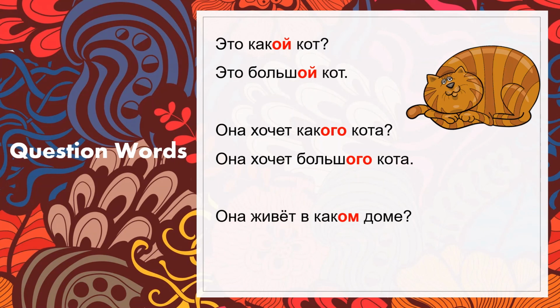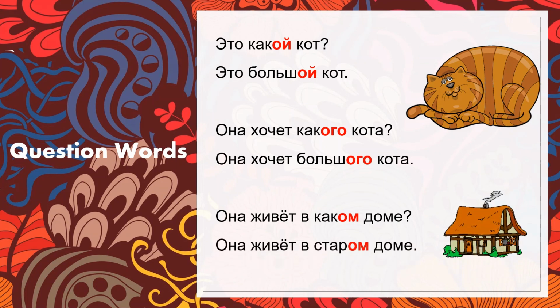And then another example for prepositional, same deal. Она живет в каком доме? Она живет в старом доме. So whatever the gender is, or whatever the case is, the ending for the question word is going to generally match the ending for the adjective. Okay?